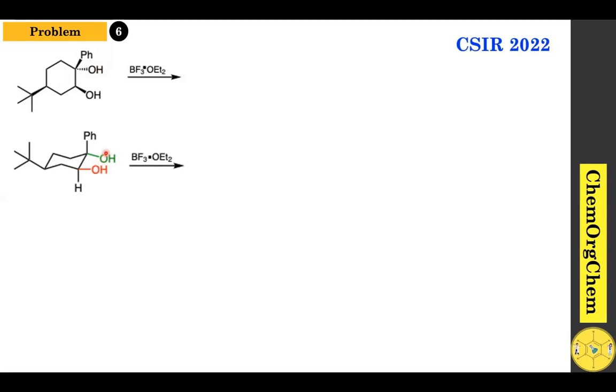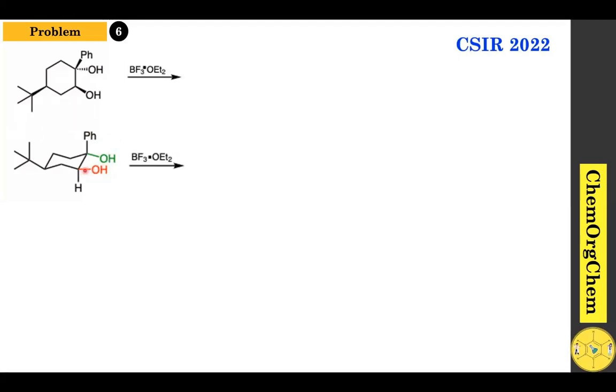Since we already saw in our pinacol-pinacolone rearrangement part 1, if you have the hydroxy group at the axial position, that hydroxy group readily departs as a water molecule when you subject it to acid condition to generate the corresponding carbocation intermediate. But here there are two hydroxy groups, and both reside at the equatorial position.